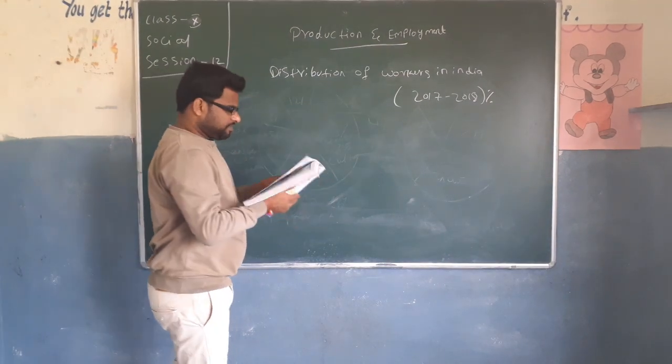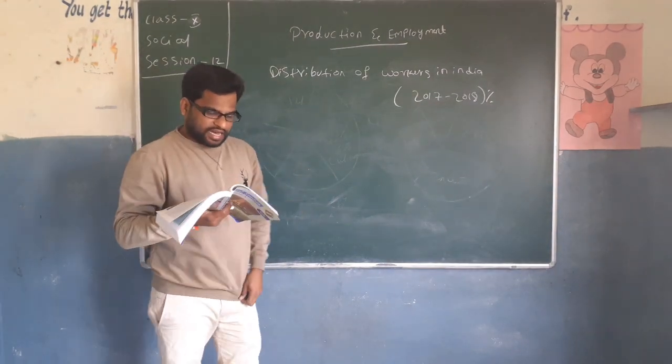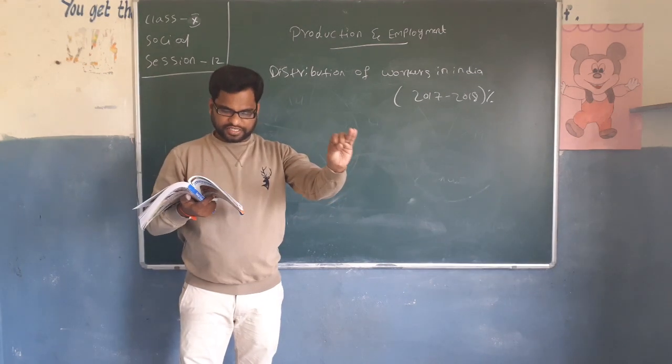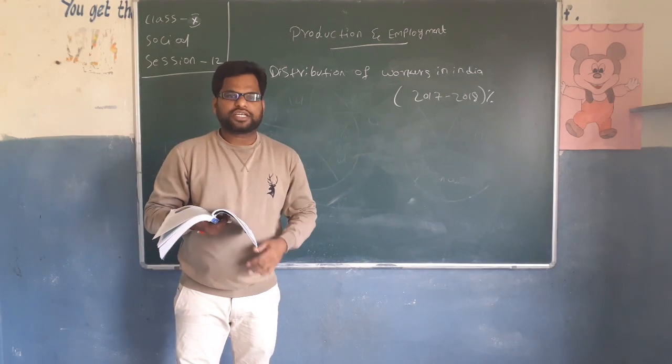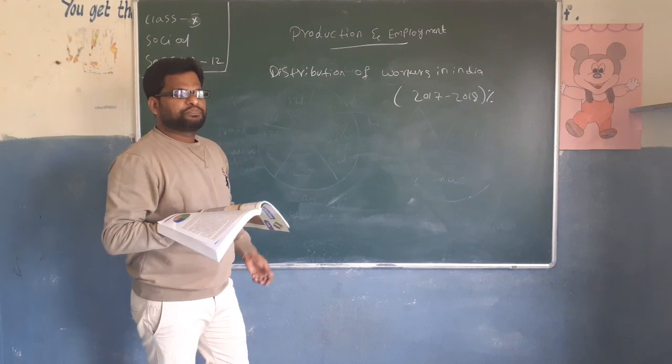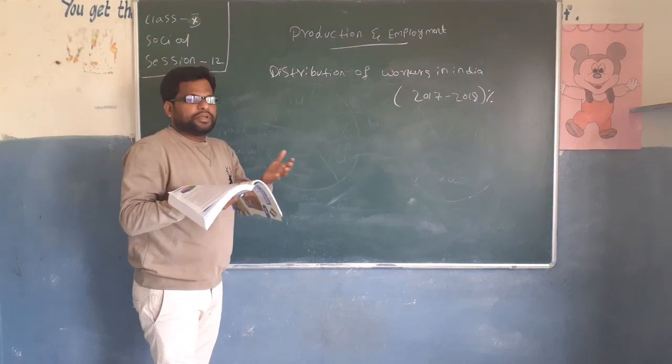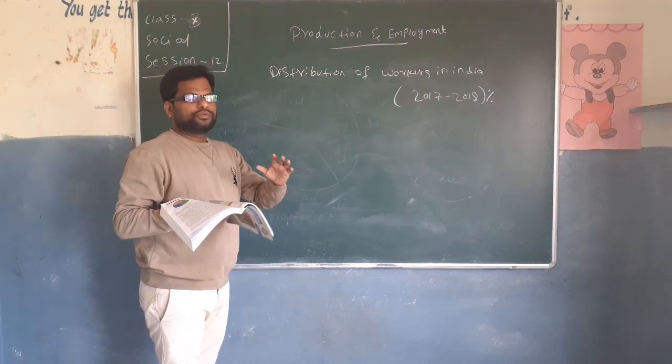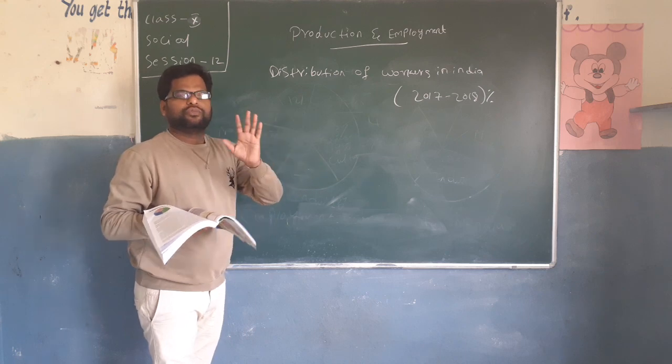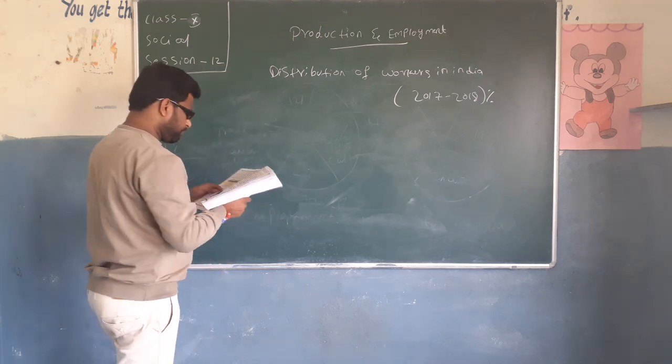That means it is saying how the workers were distributed in 2017-18, what percentage moved to which sector. What does that mean? The sectors are the agriculture sector, industry sector, and service sector. There are 3 sectors, and in those 3 sectors, how people have moved to different sectors to work. We'll see now.